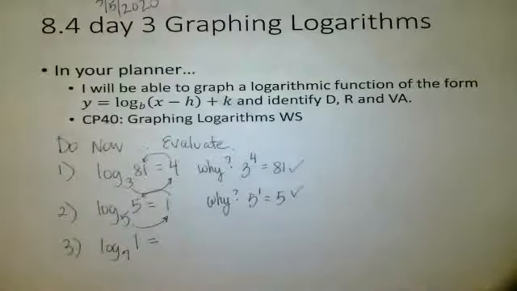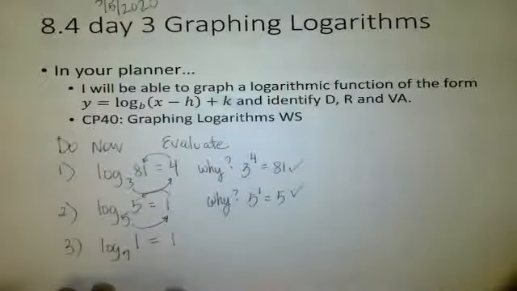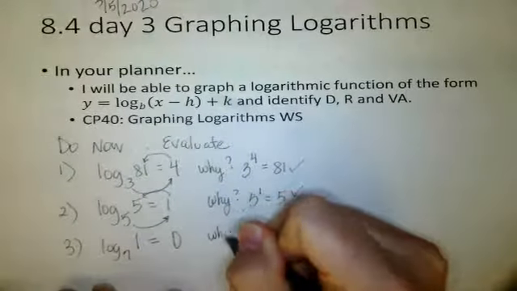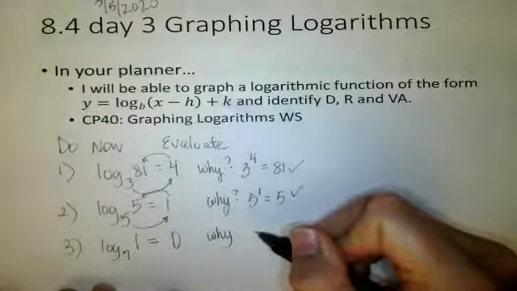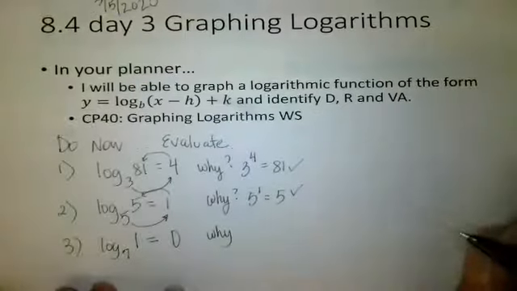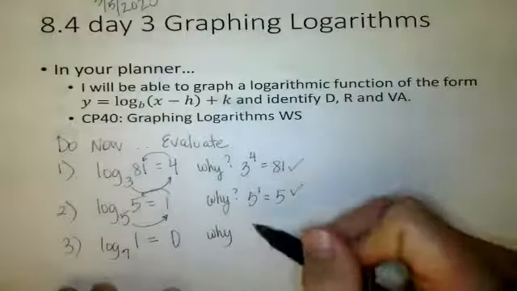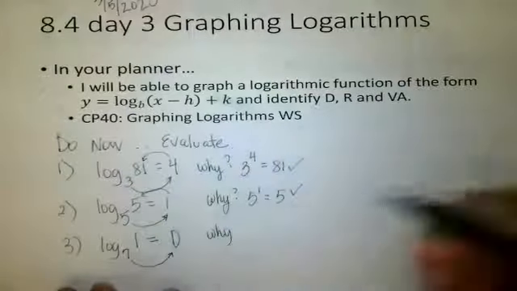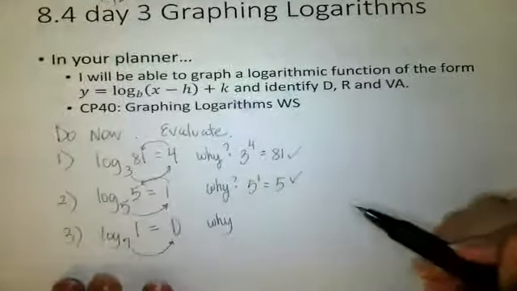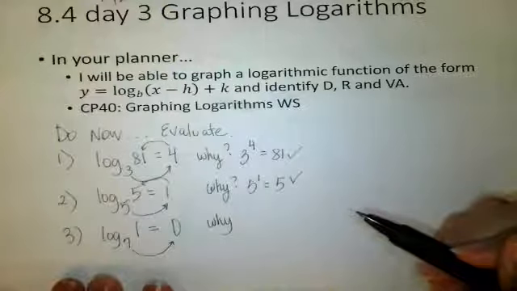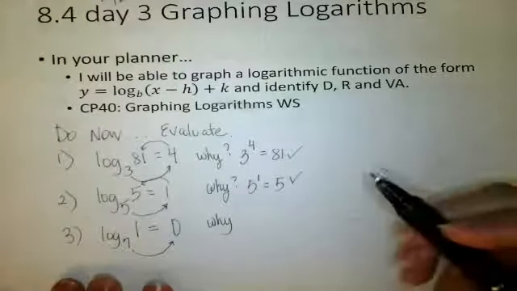Okay. Last one, number 3. You got 0. Why? 7 to the 0.